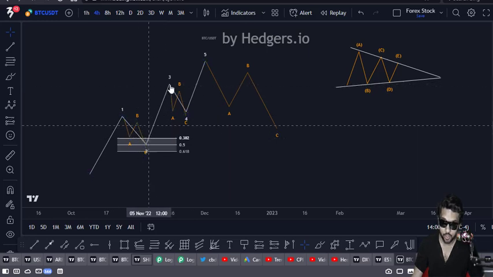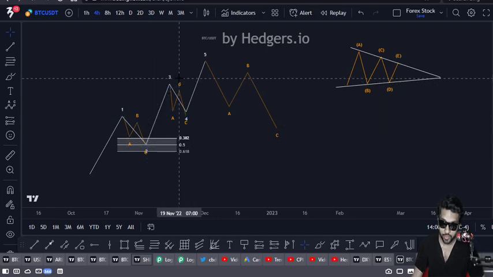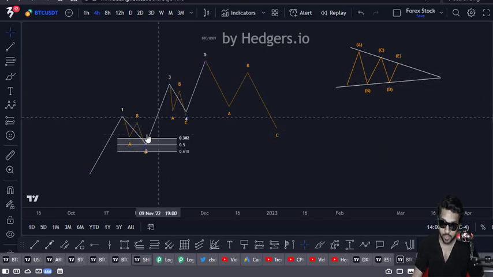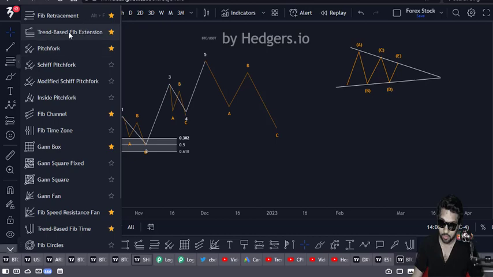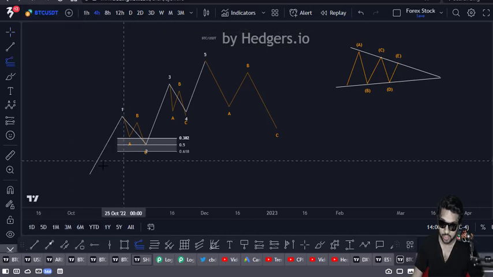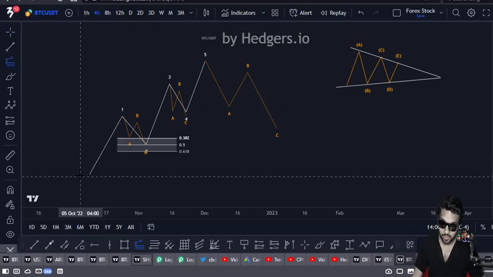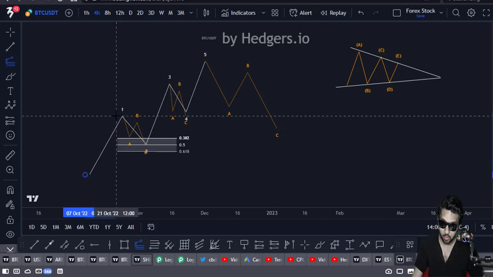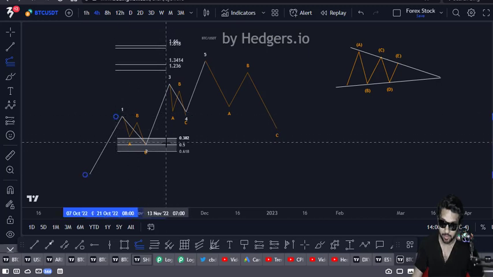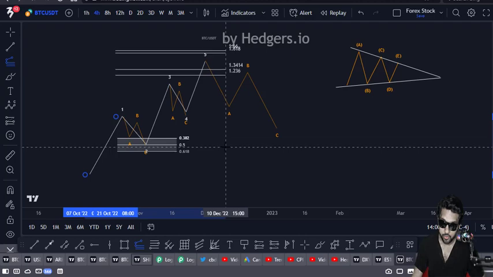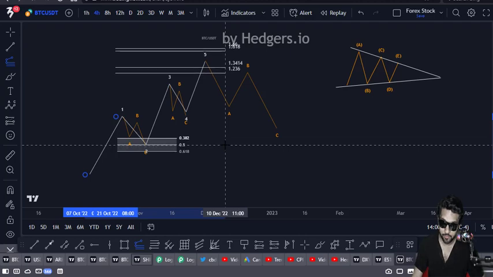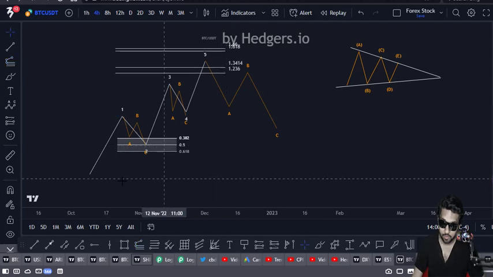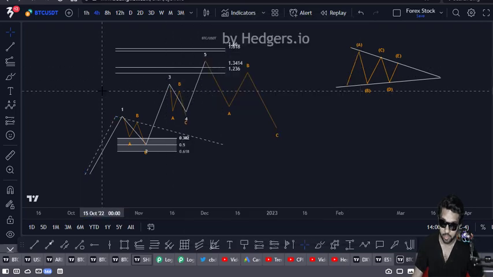you want to take profit on your wave 3, the best way to do this is the Fibonacci extension. Okay, you're gonna take your whole wave 1, and then you're gonna take your wave 3 here. See, 1, 2, 3. Let me just enable the trend line for you.